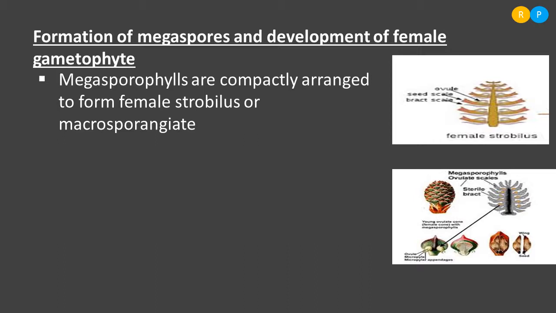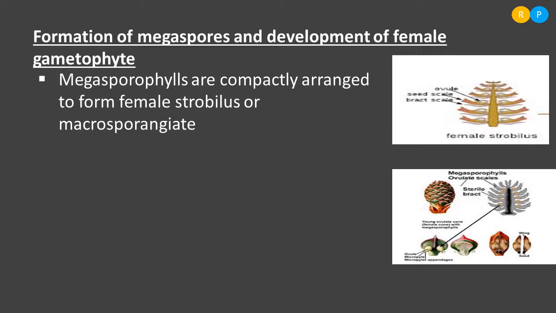Then we have another terminology, macrosporangiate. Macrosporangiate, female strobilus and female cone all have the same meaning. Clear? So the female cone, or female strobilus, is formed by the modified leaf named megasporophyll.